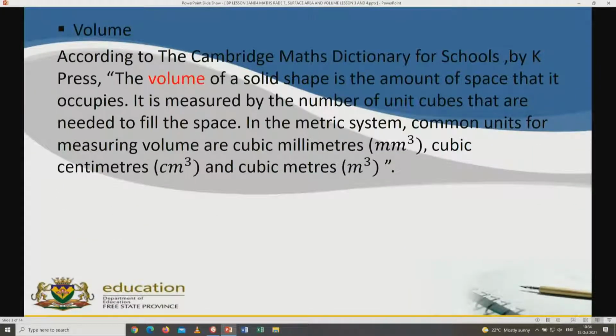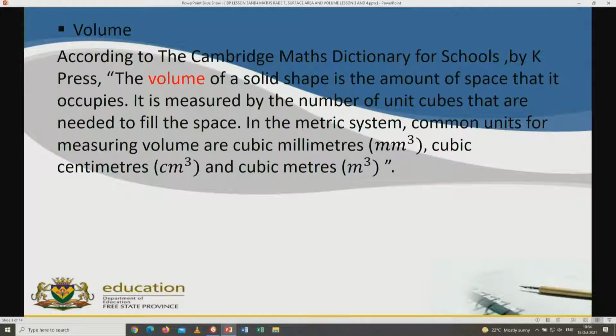Like we did as a norm, I'm sure you have now seen how I start my lessons. I say, okay, the focus will be on what? On the volume. Then let us consult a dictionary for maths. From the maths point of view, what is a volume?